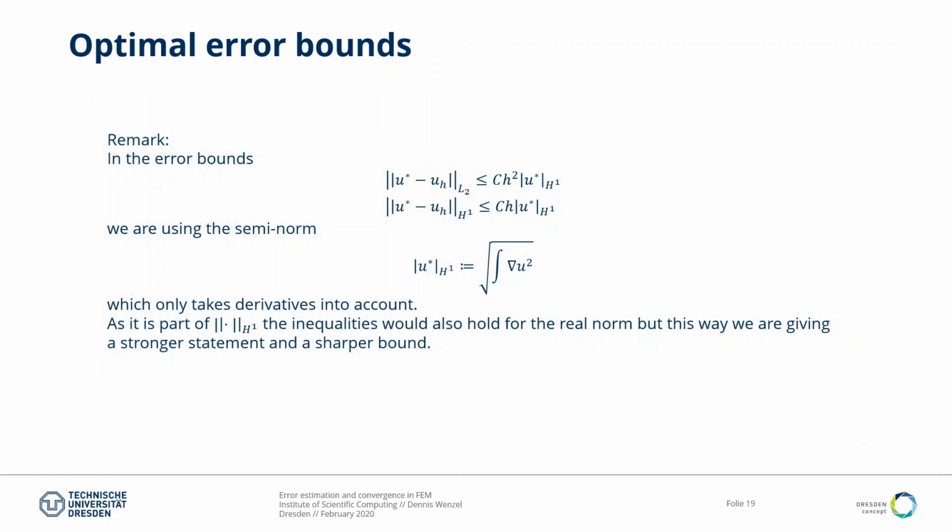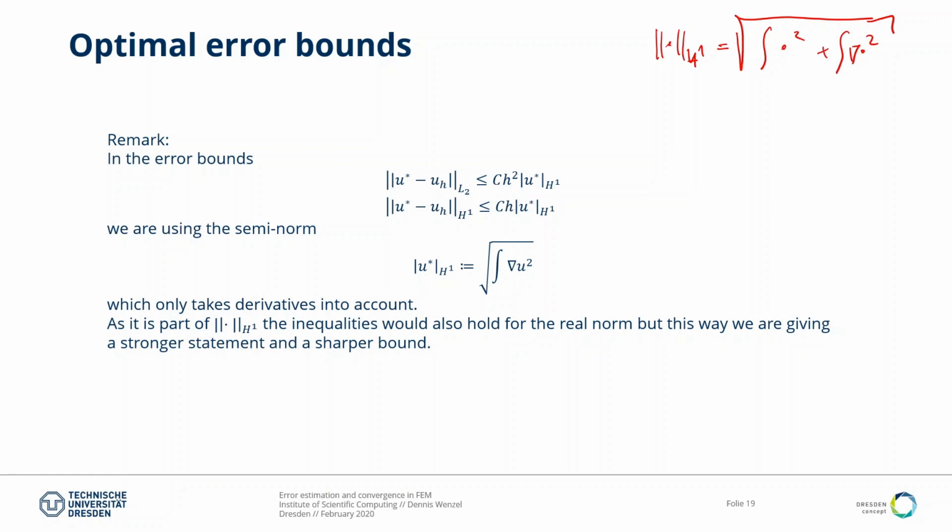Let's take a deeper look into this. What's this semi-norm that we are using on the right hand side? This semi-norm is only the gradient part. If you think about the H1 norm that I've just written down again, there was a part where the function values were taken into account and a part where the gradients were taken into account. But now this semi-norm is just the gradient part.